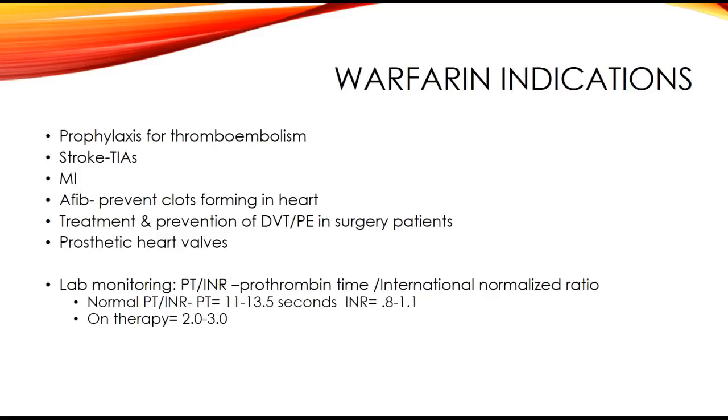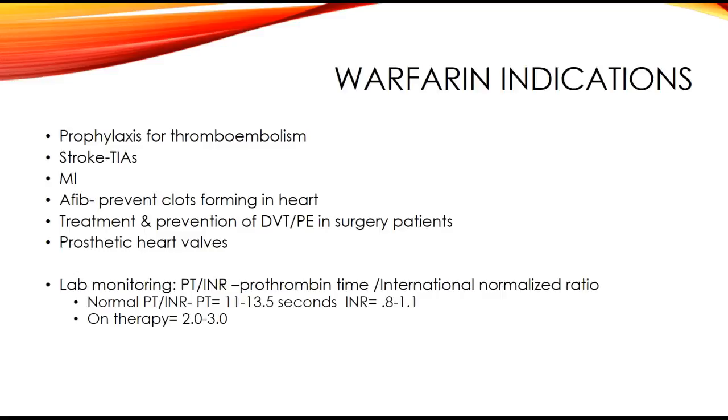Let's see, so with warfarin, we use it for prophylaxis for thromboembolism disease. Strokes, we use to treat TIAs, which are transient ischemic attacks, little clots that are forming that can lead to a stroke. We also use it for MIs. We use it to treat AFib to prevent any clots that form in the heart from atrial fibrillation.